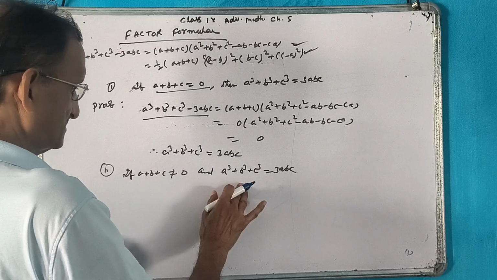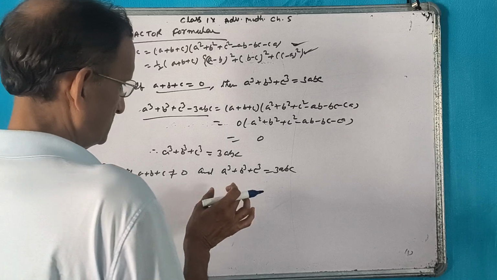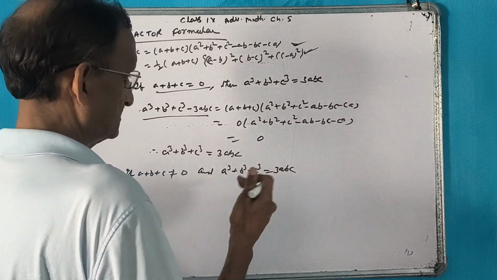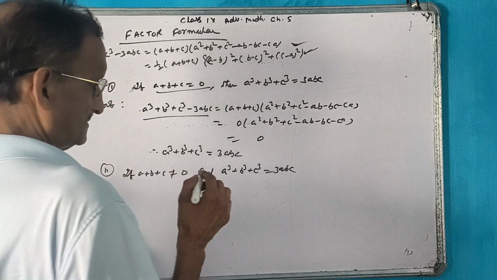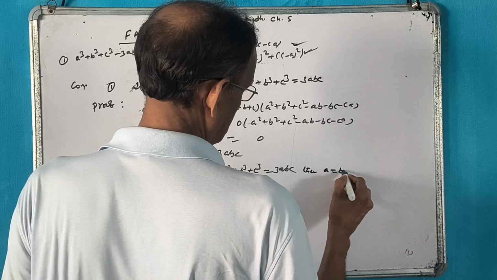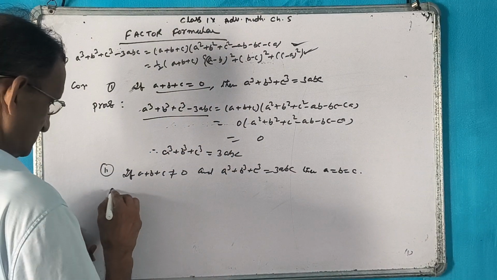Under what condition is this possible? a plus b plus c not equal to 0 and a cube plus b cube plus c cube equal to 3abc is possible under the condition a equal to b equal to c. We need to prove this. So see the proof.